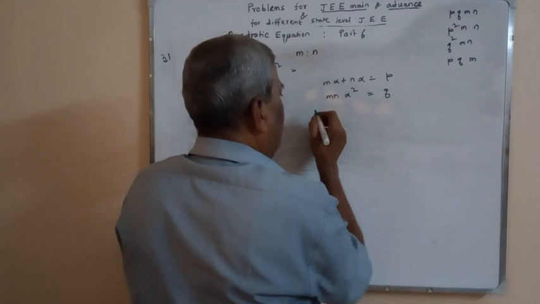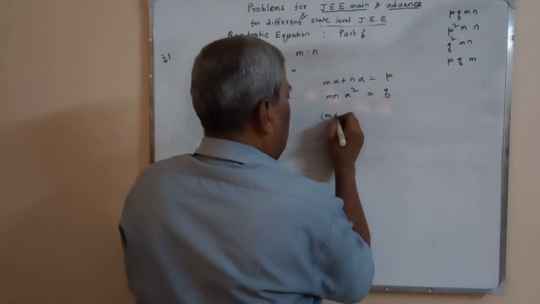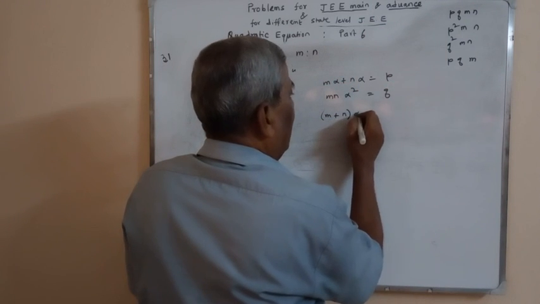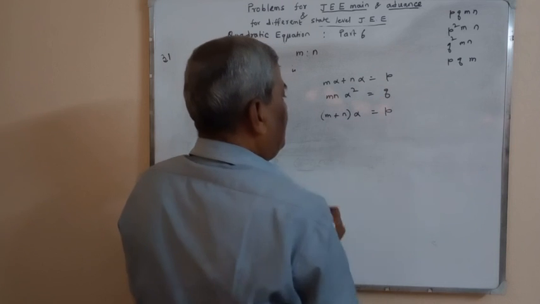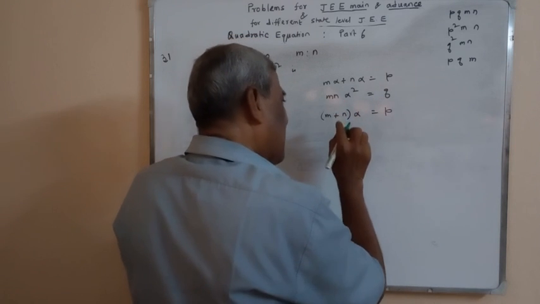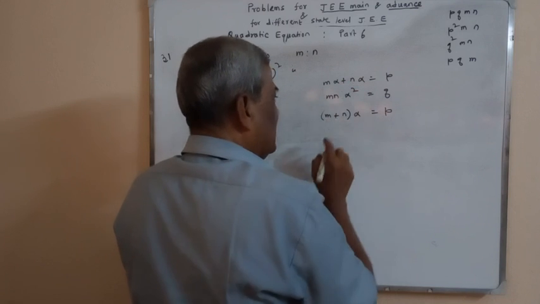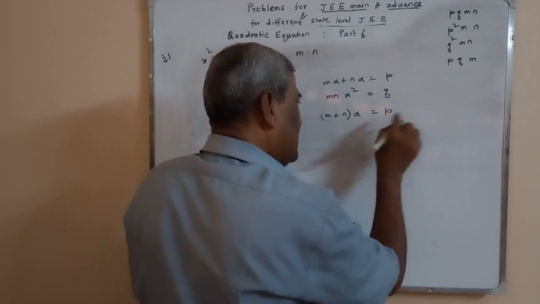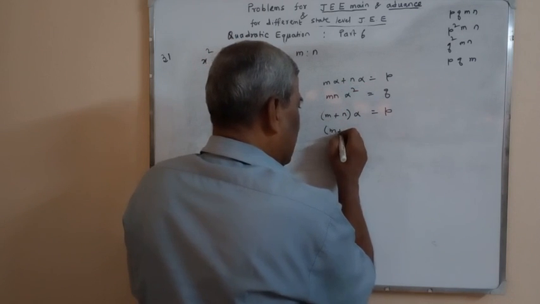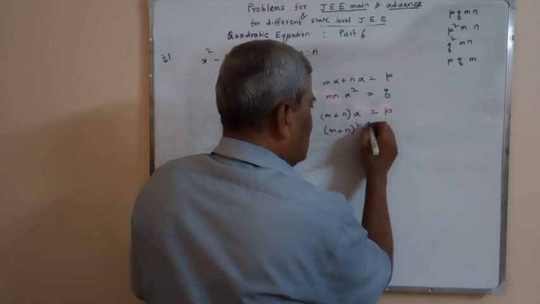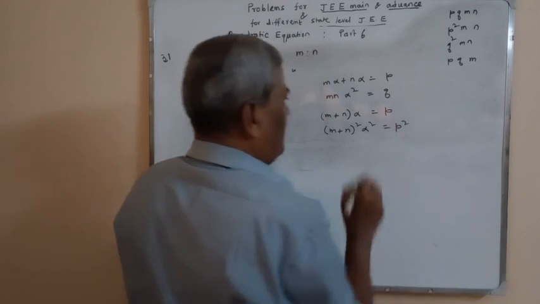From the first one, (m plus n) into alpha is equal to p. To eliminate alpha from this and that, square it. So (m plus n) whole square alpha square is equal to p square.